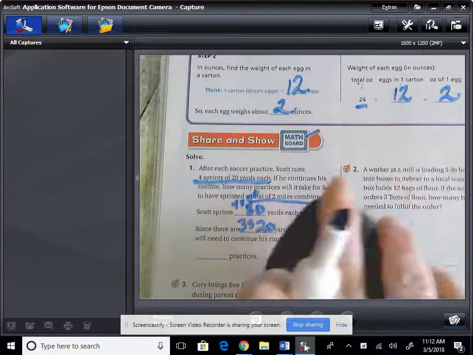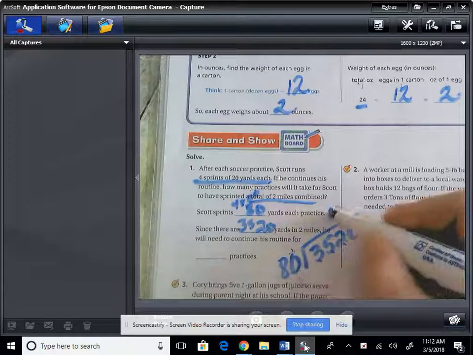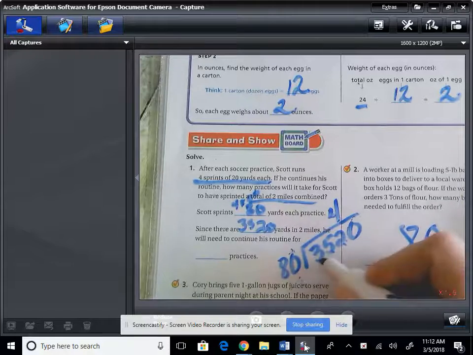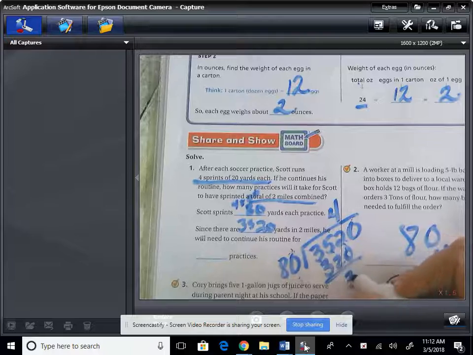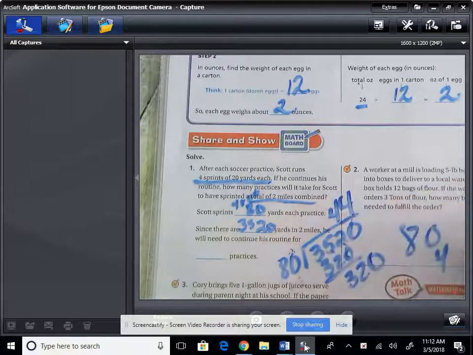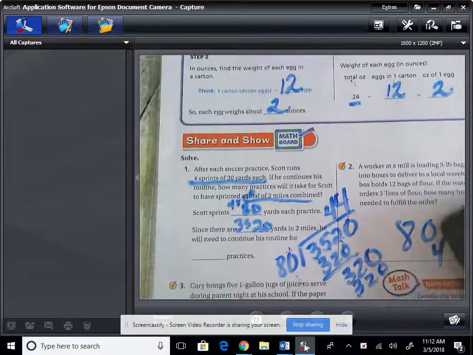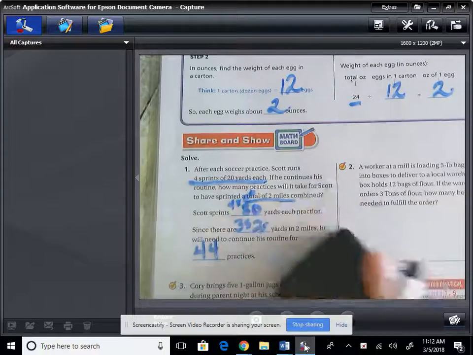I'm going to have to add one, so don't cross them out, guys. 4 times is my guess. 80 times 4, which I can do in my head, is 320. Drop that down, 320. So he needs 44 practices.